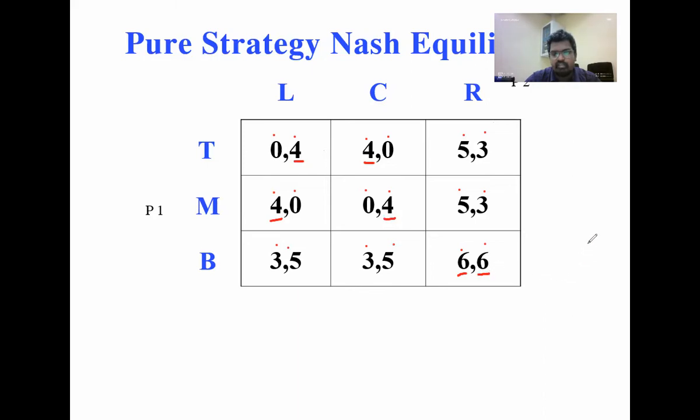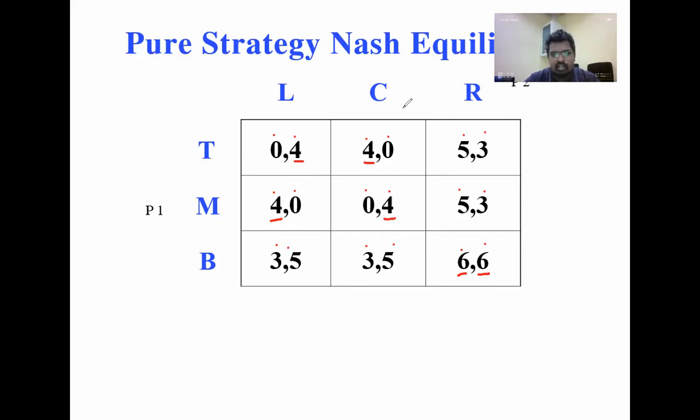So finally, where do we have the Nash equilibrium? Player 1 for B and player 2 for R. Of course, player 1 for B and player 2 is going to be R. So that is our Nash equilibrium. Our Nash equilibrium strategy profile is going to be BR, bottom and right.